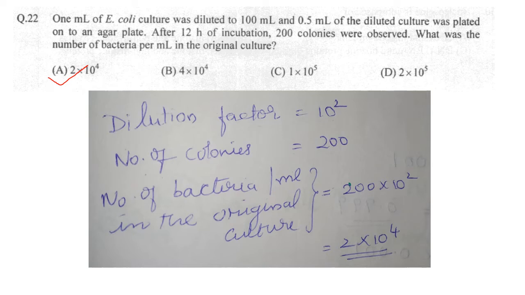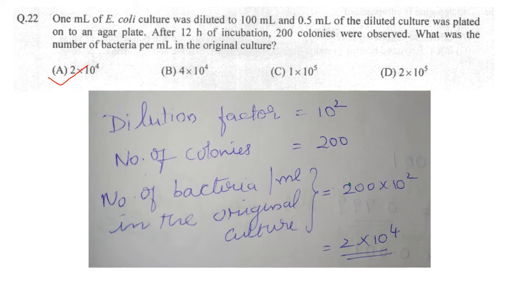Okay, from that you have taken 1 ml culture, diluted to 100 ml, and from there 0.5 ml you have pipetted out and plated on the agar plate. After 12 hours of incubation, 200 colonies were observed. What was the number of bacteria per ml in the original culture? So they have asked for number of bacteria per ml in the original culture.